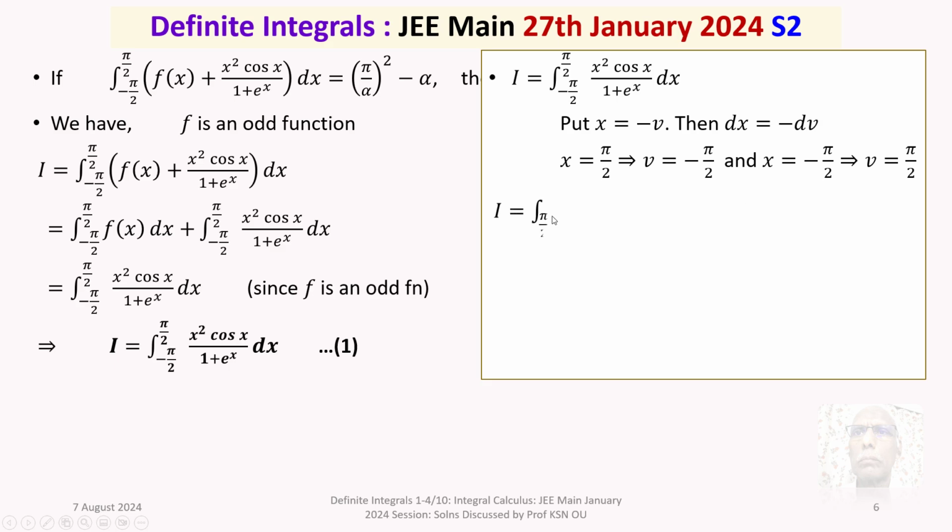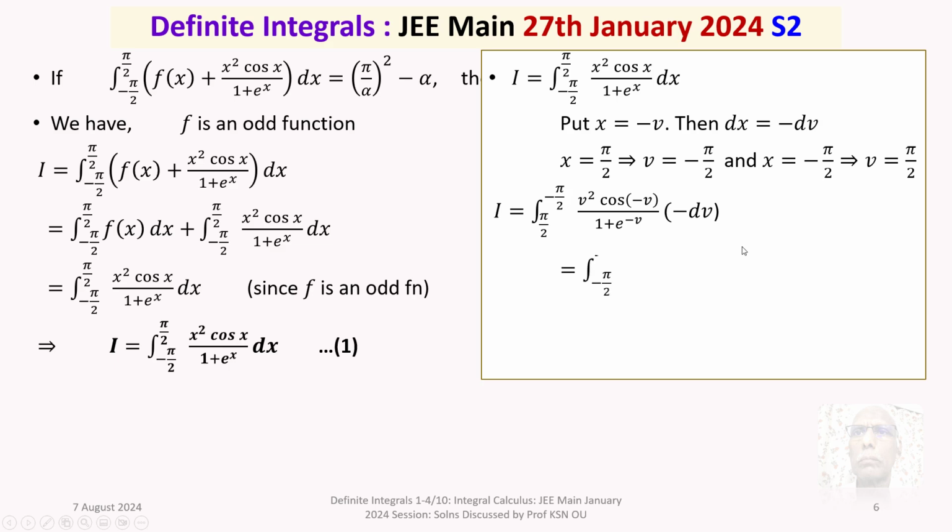Then I will be integral pi by 2 to minus pi by 2 of v square into cos of minus v by 1 plus e to the power of minus v, because x is equal to minus v, dx is minus dv. And this minus is taken, and we have shifted the limits from pi by 2 to minus pi by 2, to now minus pi by 2 to plus pi by 2.